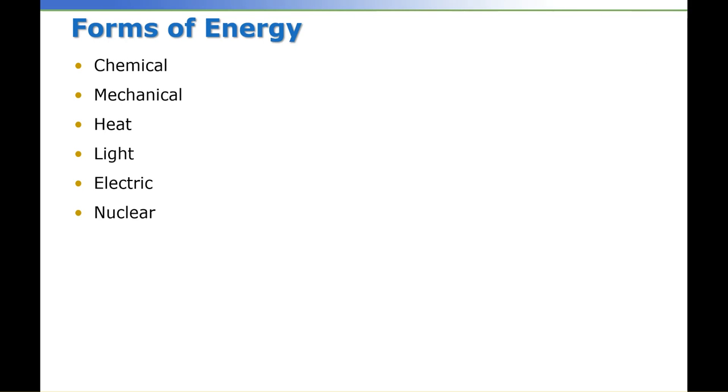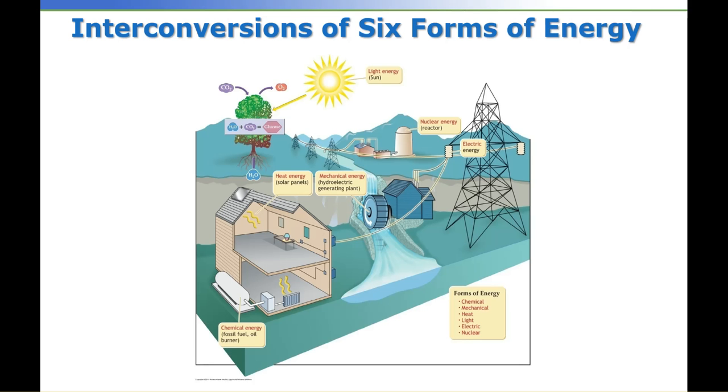Different forms of energy: there's chemical, mechanical, heat, light, electric, and nuclear. So, interconversions of six forms of energy.